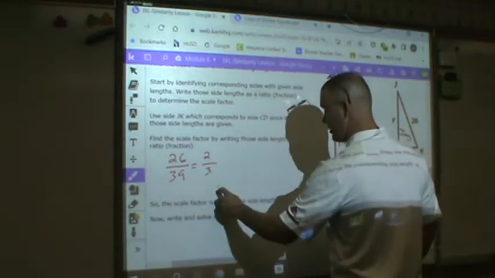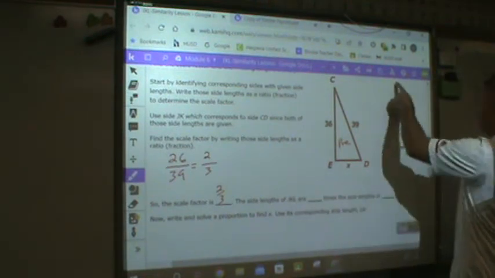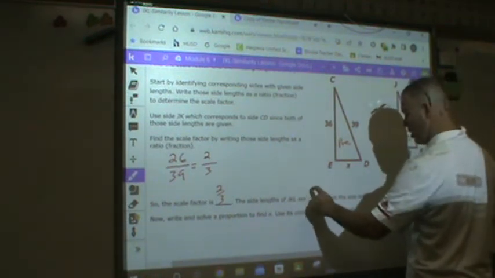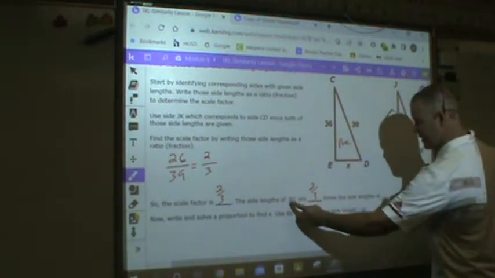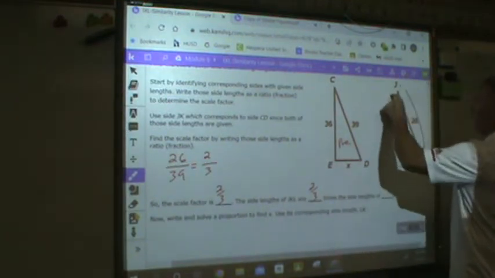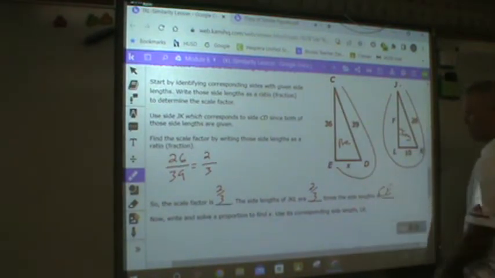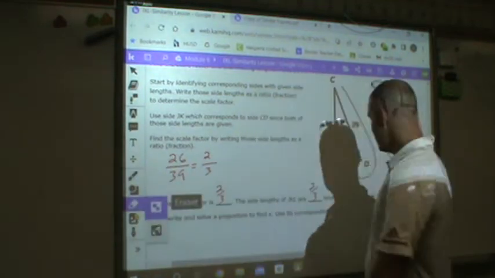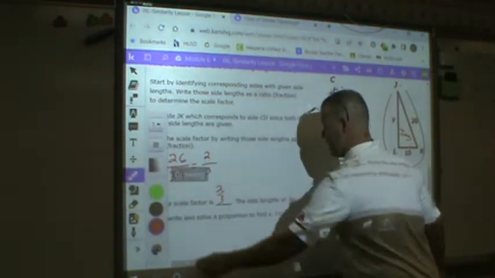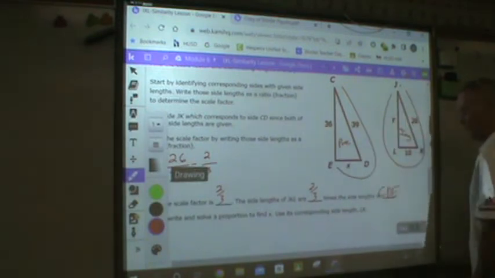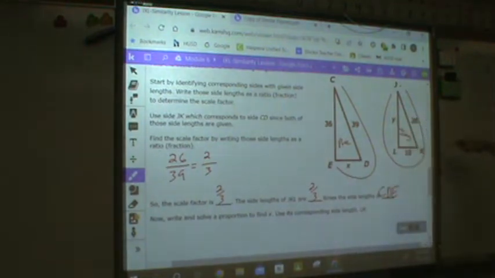So my scale factor being 2/3, the side lengths of JKL are 2/3 times the side lengths of, we said JKL, we must say CDE, not CED, CDE. Erasers don't write, Mr. Wilson. CDE, all right? And it says now write and solve a proportion to find x.